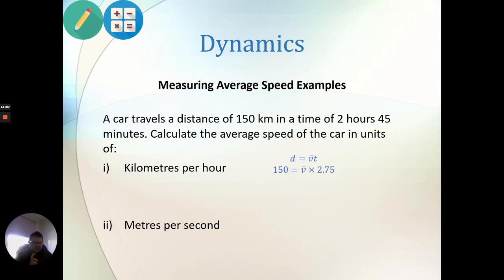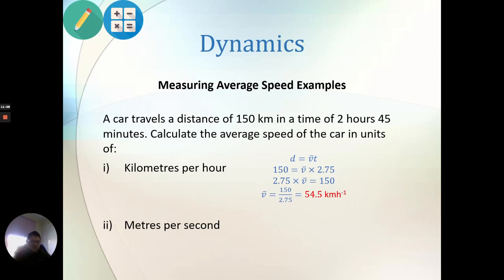Our distance is 150 because it's 150 kilometres. Now remember, it's 2 hours and 45 minutes is not 2.45 because 45 minutes is 3/4 of an hour, so it's 2.75. So then we get our average speed as coming out as 54.5 kilometres per hour.